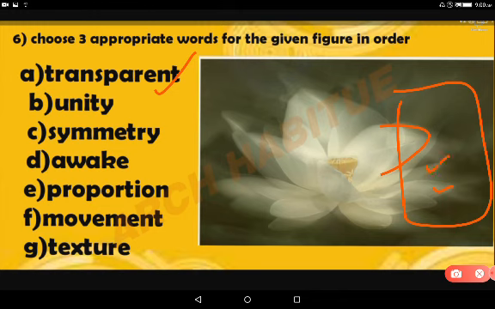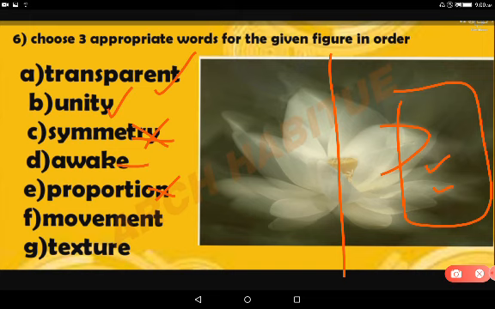So it has a transparency in it, and there is of course unity, there is no symmetry. Awake, it is a common title for the photograph, we can keep it aside, there is no symmetry, and we can't see any proportion.